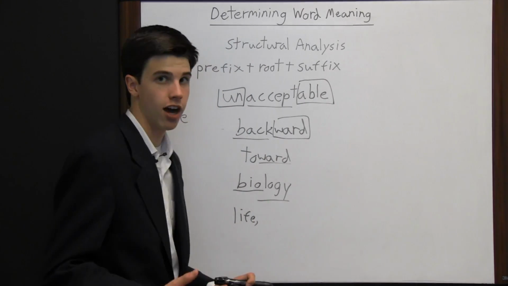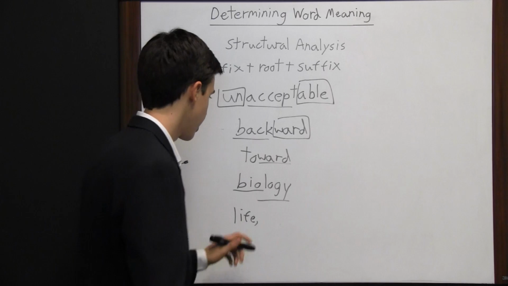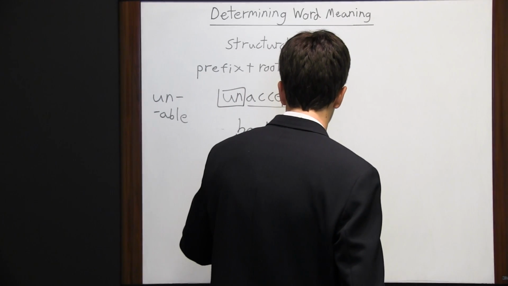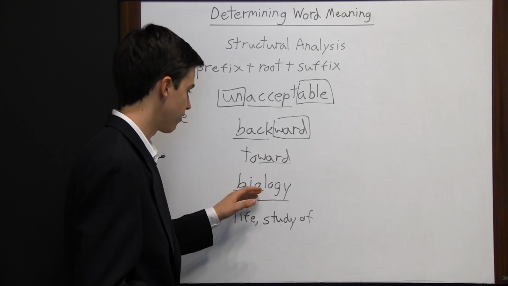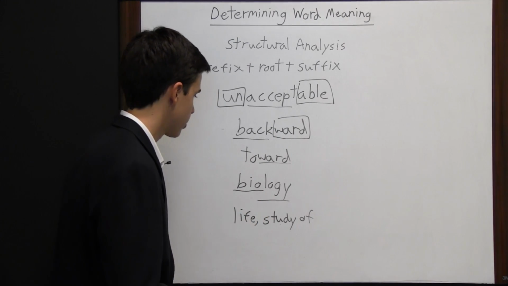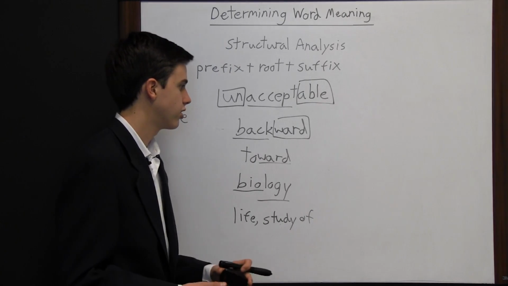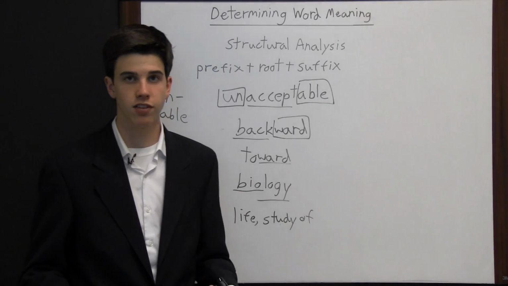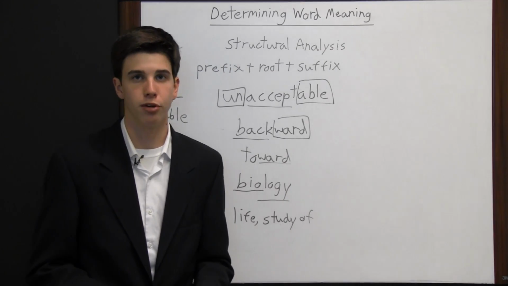Well, I've heard of archaeology, and so that must mean the study of something because you're studying something. So ology means the study of. So by knowing the prefix and the suffix and what they mean of this word, you can conclude that this word most likely means the study of life. So it's important to understand common prefixes and suffixes so that you can determine the meaning of an unfamiliar word.